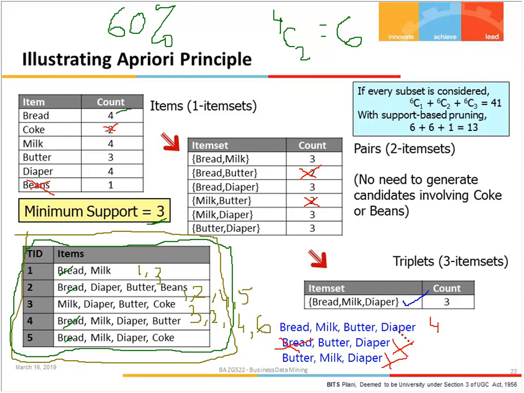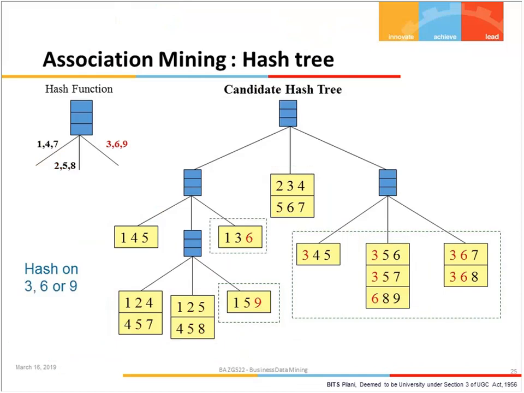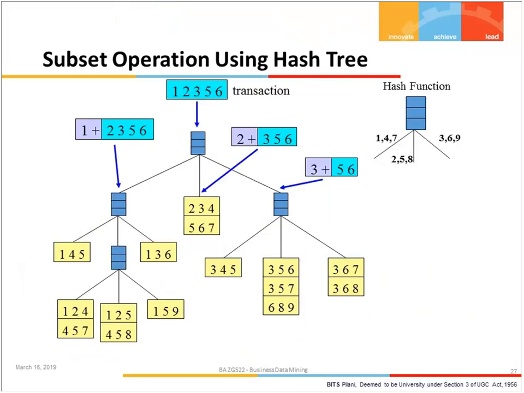Okay. So now let us come to this transaction. The transaction has 5 items, 1, 2, 3, 5, 6, and we want to see which of these candidate item set supports will be increased because of this transaction.